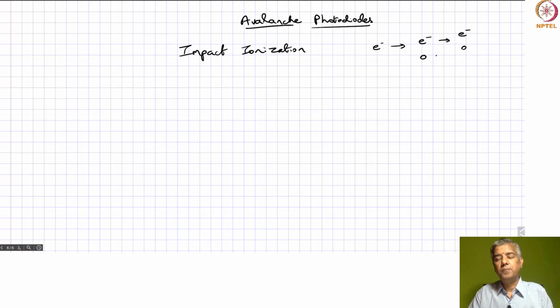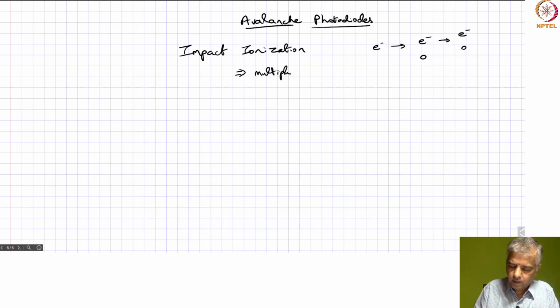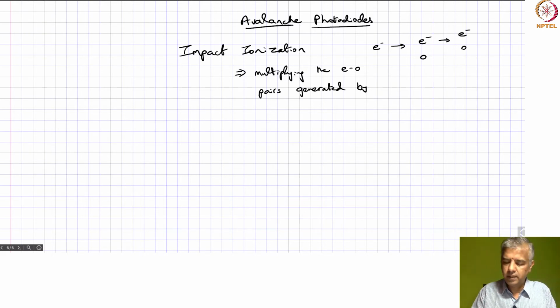Okay, so through the process of impact ionization, you are essentially multiplying the electron hole pairs generated by absorption of a photon.